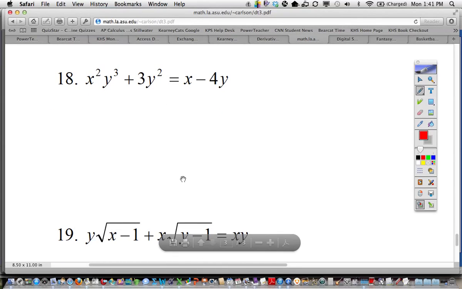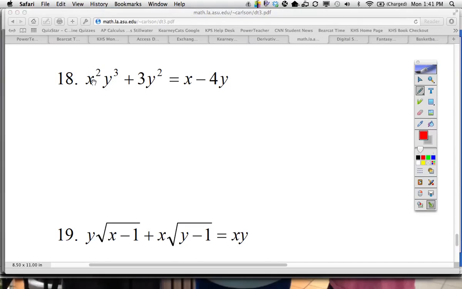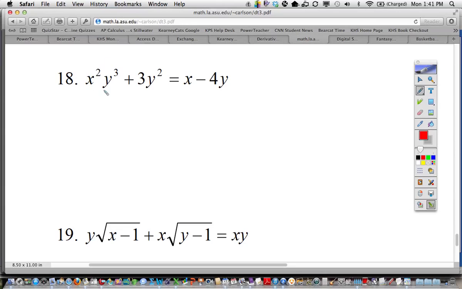And we're going to run out of time here a little bit, so we'll just maybe walk through this one together. What do you got to do right there? That is a product rule right there. So let's together just write what that would be. 2x y cubed plus x squared, 3y squared.